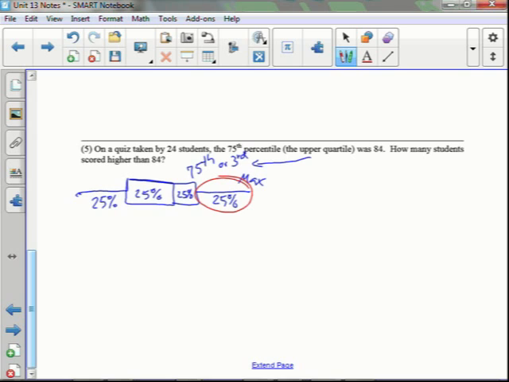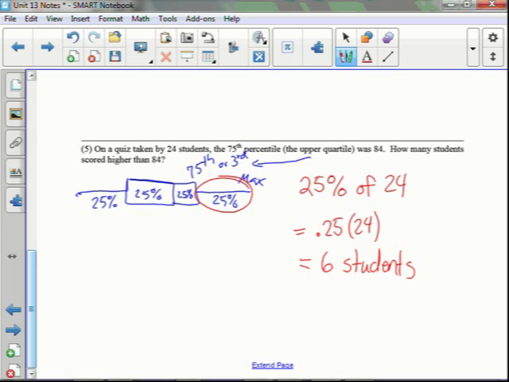Well, we know that 24 took the test, so we need to find what is 25% of 24. That's what we're going to be looking for. Well, how do we do that? Convert the percent to a decimal. 0.25 times 24 means 6 students scored there.